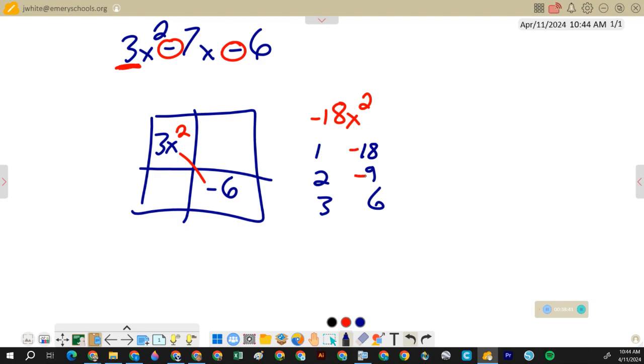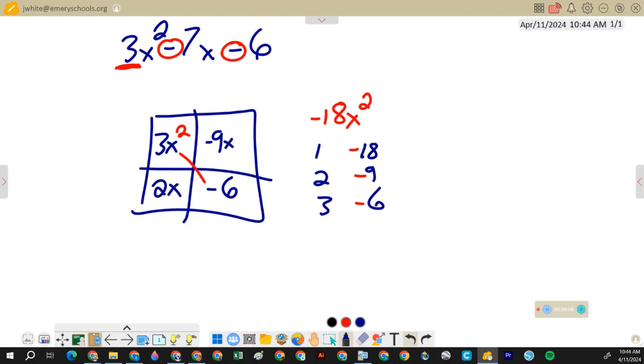So we put negatives over here. Is there a number set that will give me a negative 7x? 2 and negative 9. So I put in 2x and negative 9x. Oh, actually, let me do it the other way around. So negative 9x and 2x.